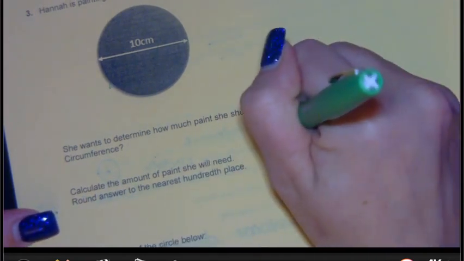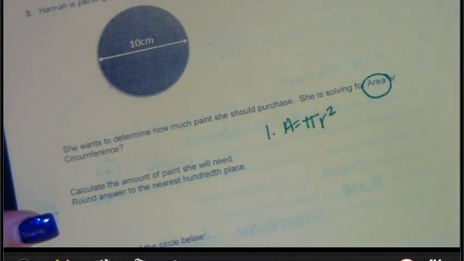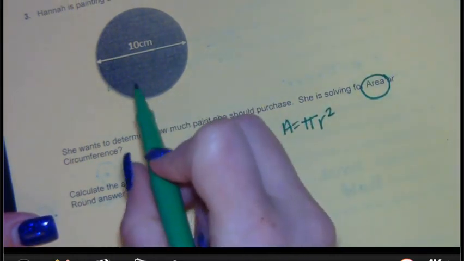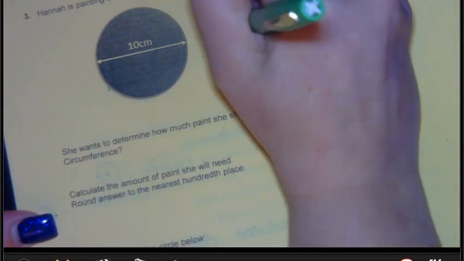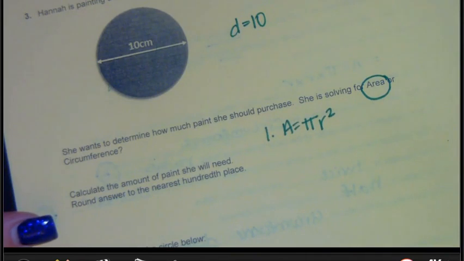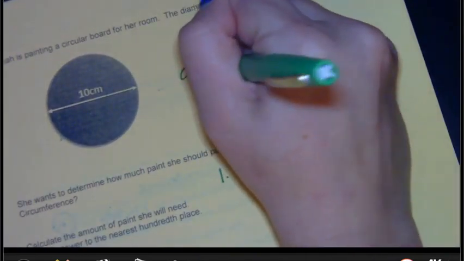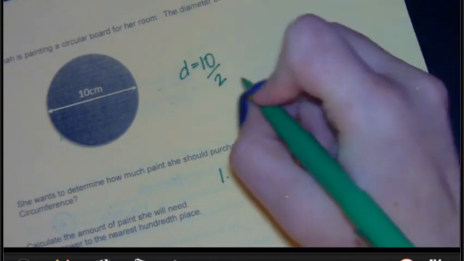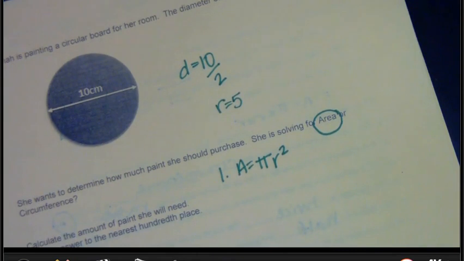Well, we're told that area is equal to pi r squared. The first issue I have is that I'm given 10, and I'm given that 10 is known as my diameter. So to find the radius, I have to take my diameter and divide it by 2, and that's going to give me a radius of 5.